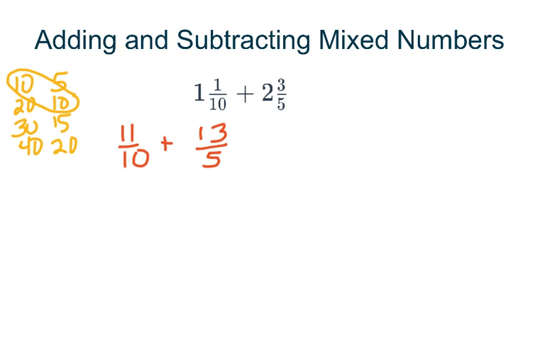So 11 tenths already has a 10 in the denominator. We need to change the 13 fifths to tenths. To do that, we would have to multiply by 2 both top and bottom. So now we are looking at 11 tenths plus 26 tenths.